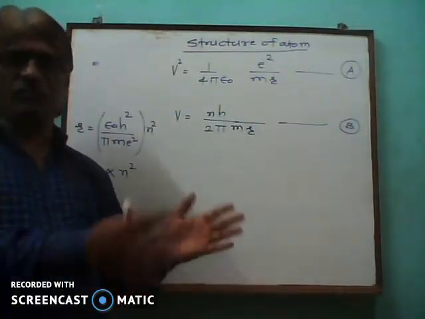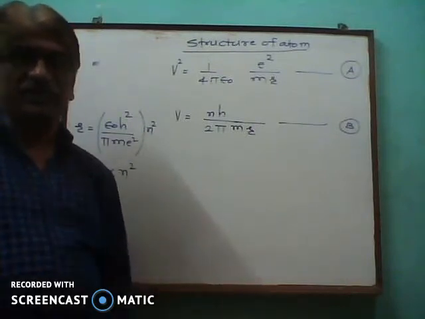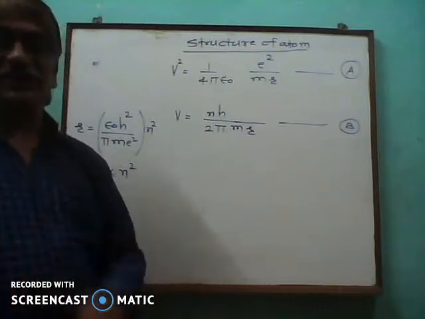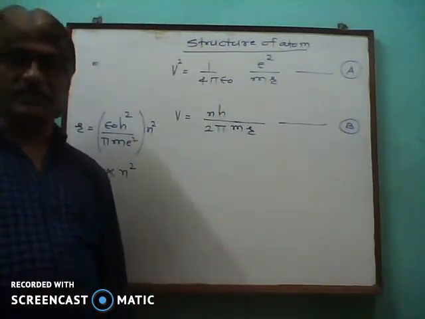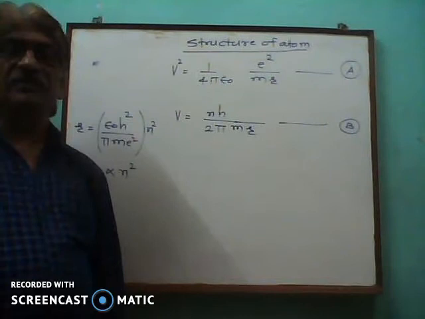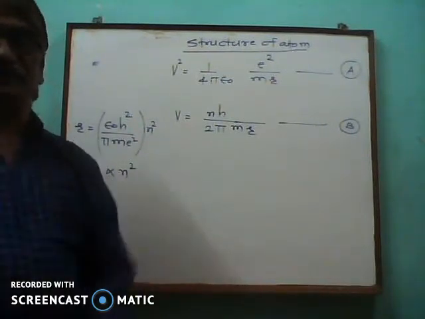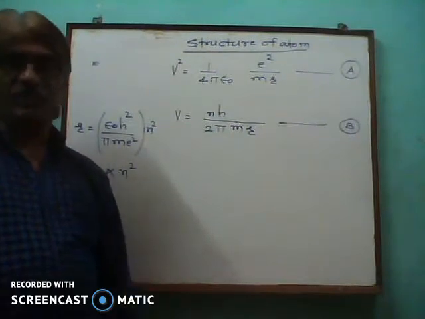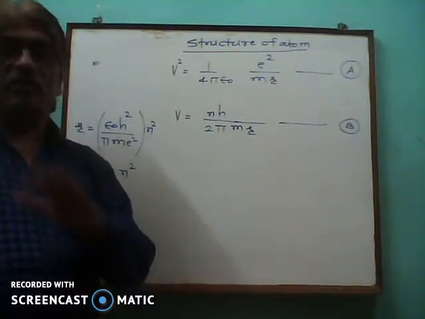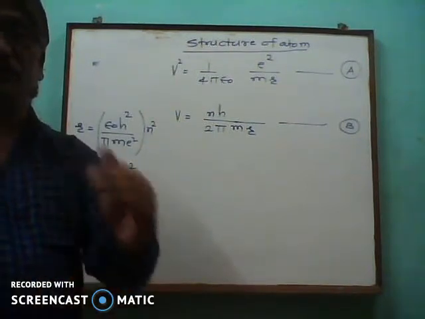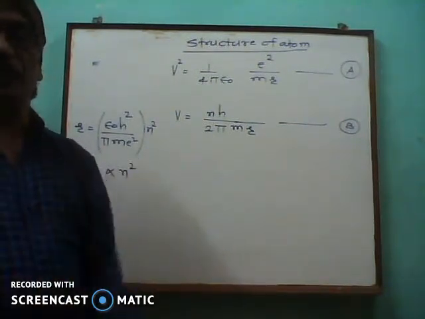In a similar way as for radius, according to the second postulate: the angular momentum of electron in a stable orbit is an integral multiple of h upon 2 pi.